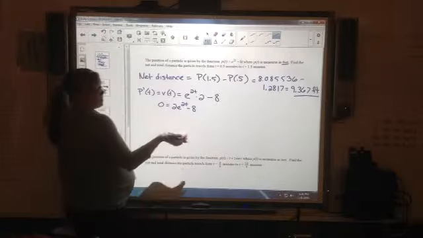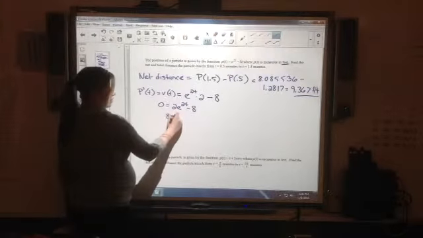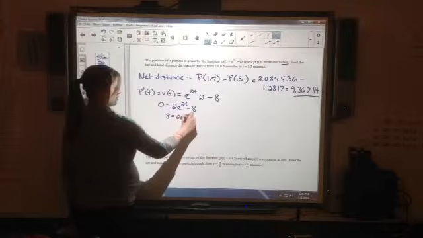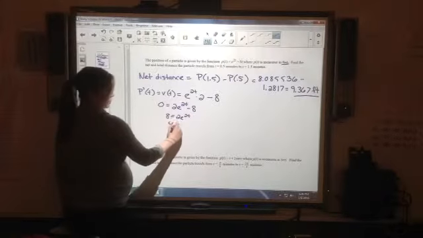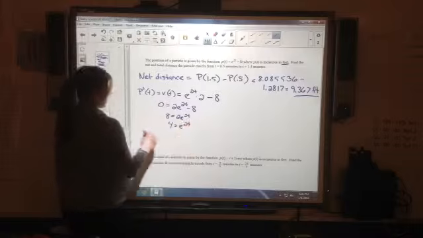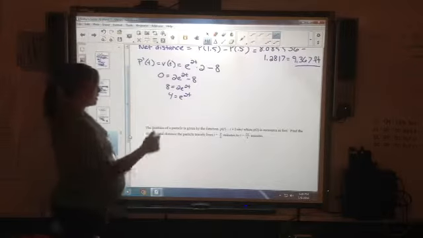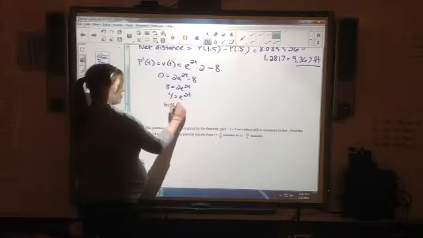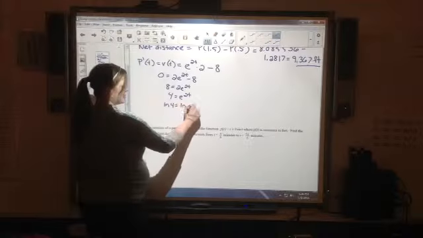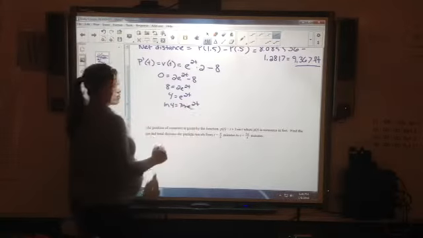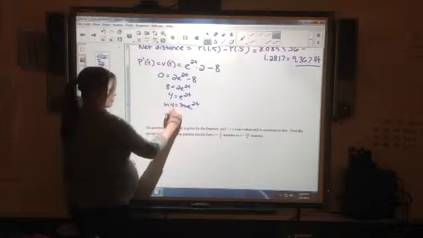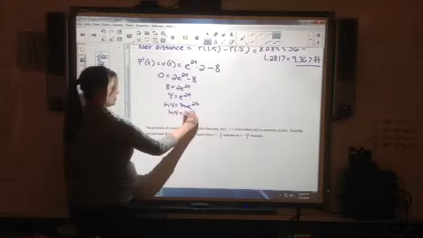I could factor out a 2, or I could just add 8 to both sides and divide by 2. I get 4 equals e to the 2t. I've got e, that's okay. So I would have the natural log of 4 equals the natural log of e to the 2t. The natural log and e cancel out, so I get ln of 4 equals 2t.